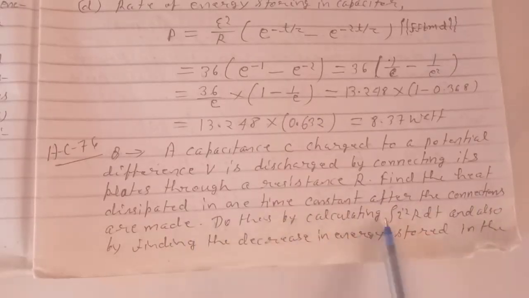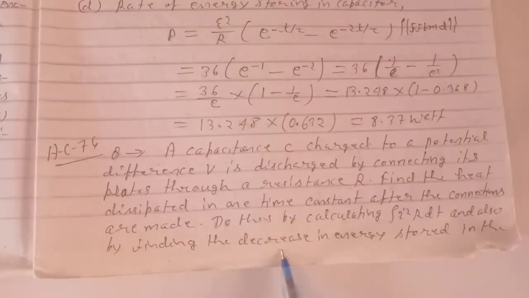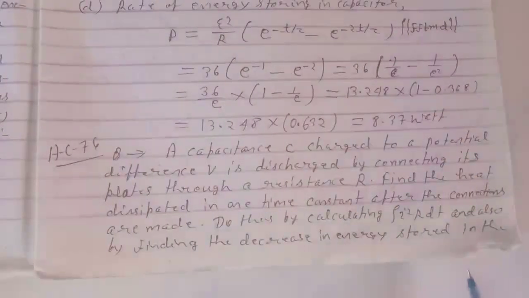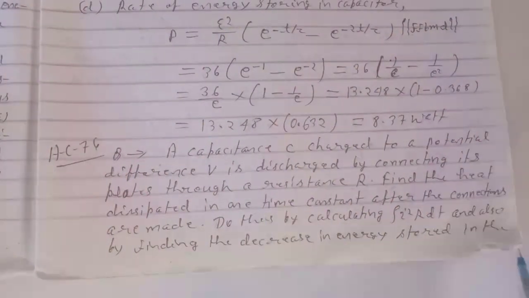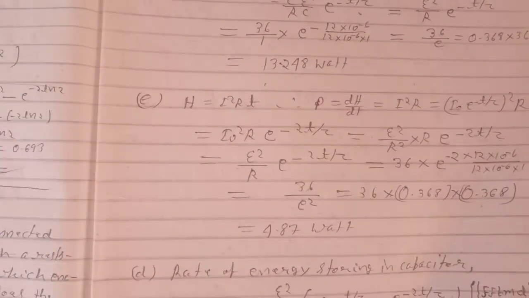Do this by calculating the integration of I square R dt and also by finding the decrease in energy stored in the capacitor.